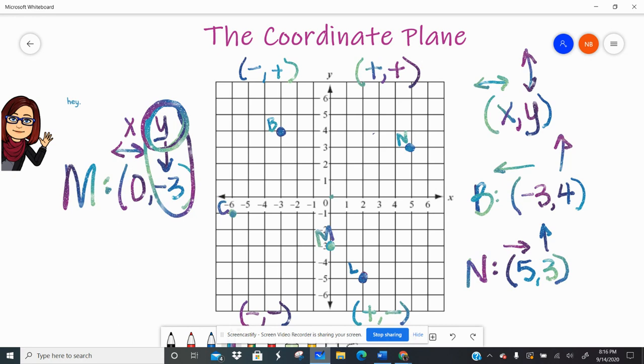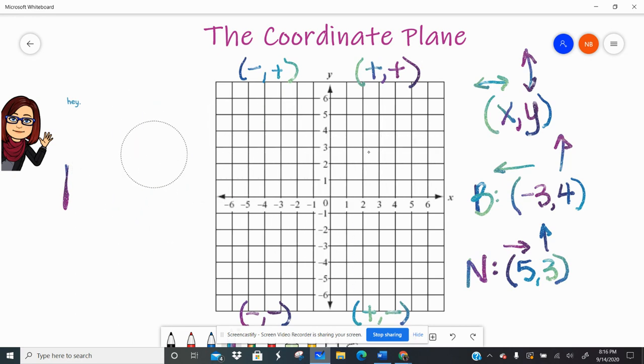So last thing I will show you is if a point is pre-graphed for you, how to find its location. So say right here, I have point P, right? And I want to know what's the ordered pair of point P. So I'm going to start at the origin.